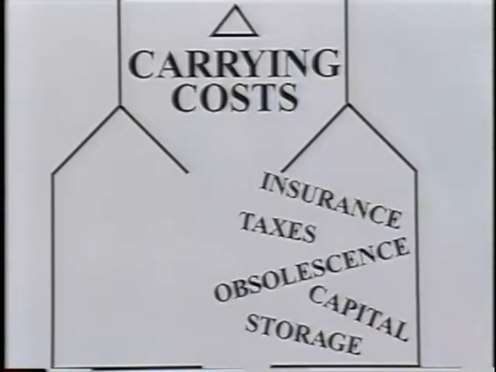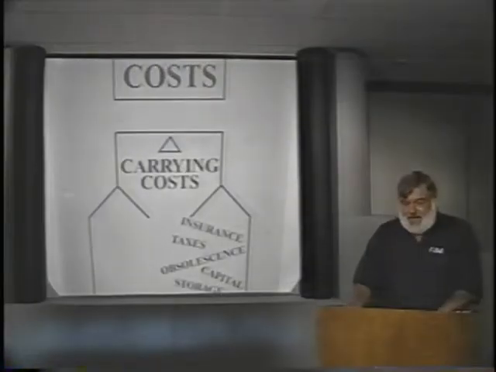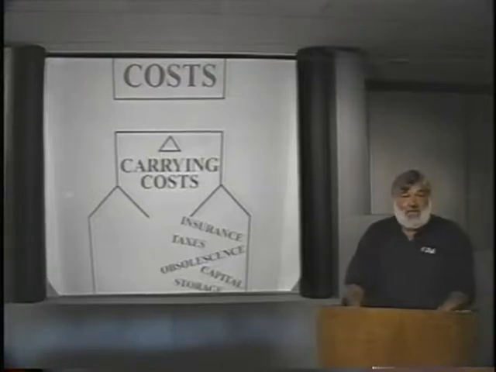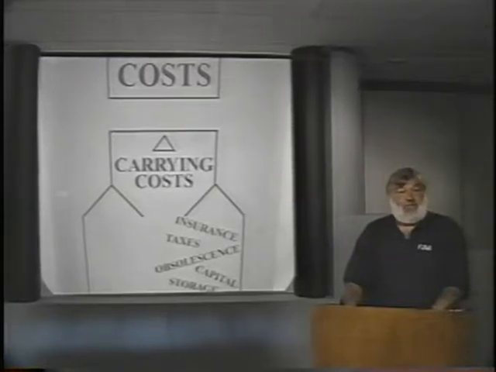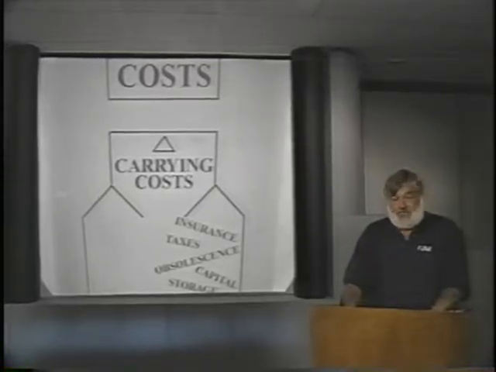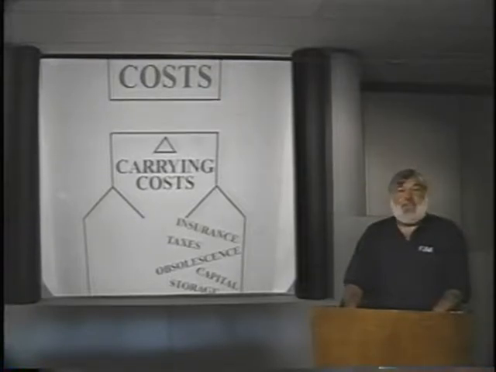The carrying cost is comprised by adding on an annual basis the insurance that we pay for our assets, the taxes that we pay, the cost of capital, what the cost of storage is, and that is the percentage of, let's say, the maintenance of a building that the storeroom is retained in.